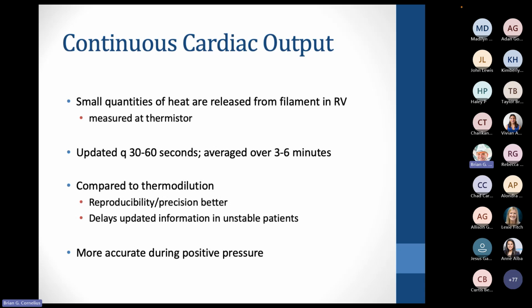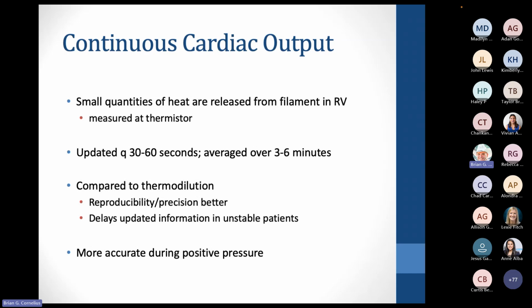Usually the way this works is because it is continuous, it updates about every 30 to 60 seconds, and then it maintains a running average for you over 3 to 6 minutes. What they found, comparing it to thermodilution, is it's more accurate and more precise, so beneficial, but not quite as predominant as we would like.